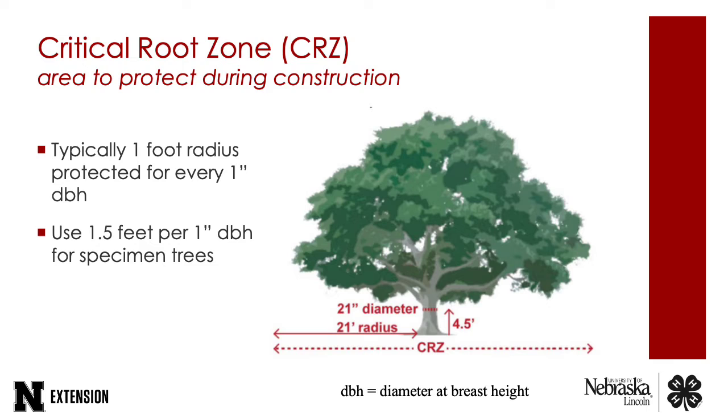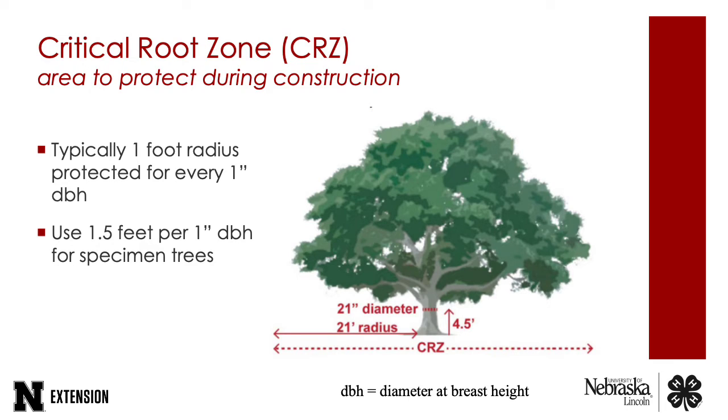So let's look at a concept called the critical root zone, or the CRZ. And this is a concept that comes out of what are the roots that you really need to protect to keep a tree alive if you were going to be doing some kind of construction around a tree.